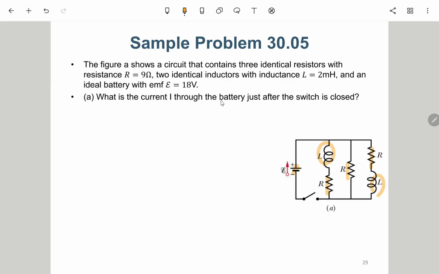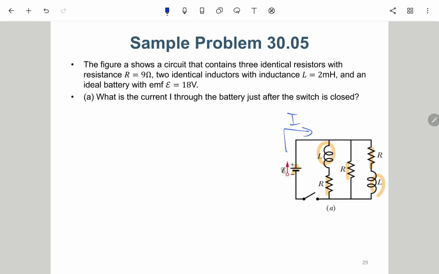What is the current I through the battery just after the switch is closed? Maybe I use capital I here, but it doesn't really matter, although most of the time I use the small letter. Maybe just a typo there.